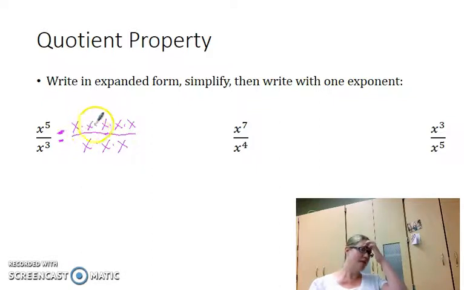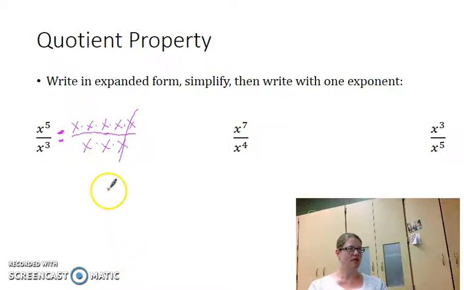Now since everything up here is multiplied together and everything down here is multiplied together, and anything divided by itself is just 1, any matching x's, top and bottom, are just going to become a 1. So x over x is 1 for that one, x over x is a 1 for that one, and x over x is a 1 for that one.